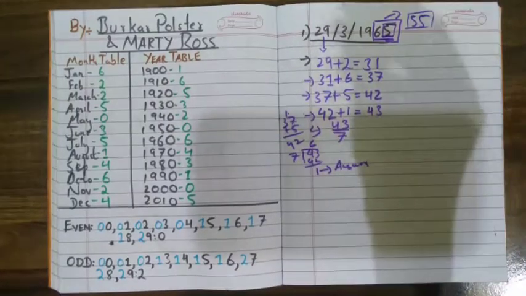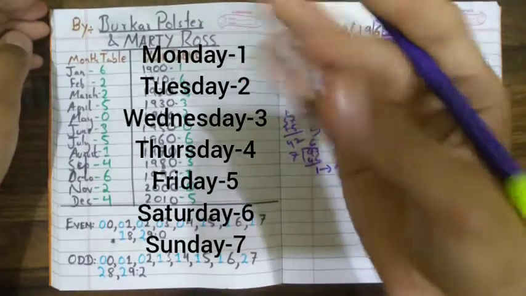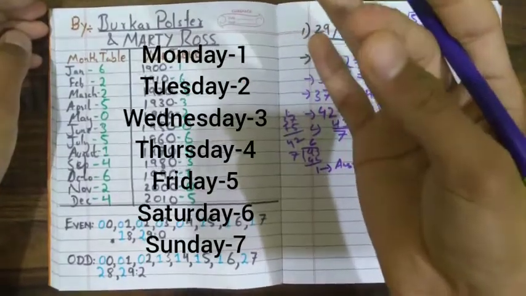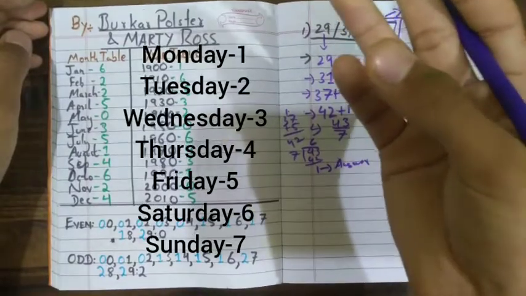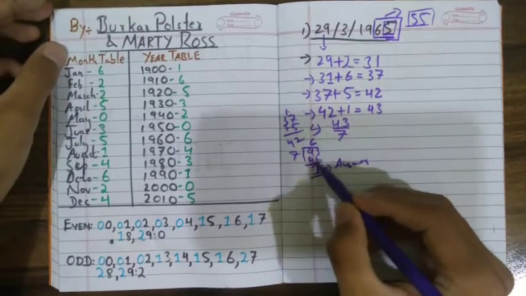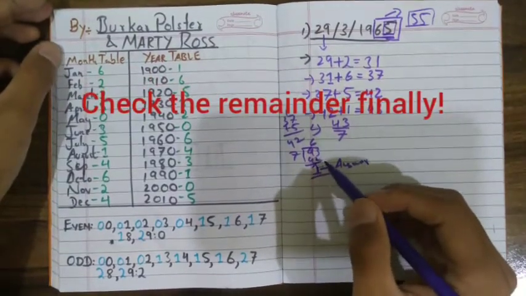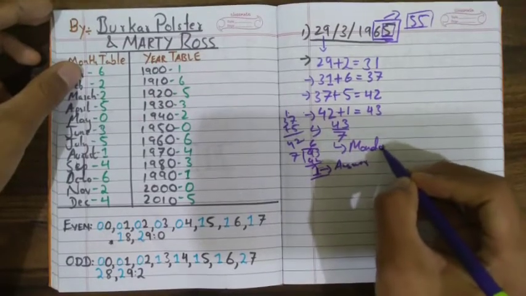Now take a count. For example, start from Monday. Monday 1, Tuesday 2, Wednesday 3, Thursday 4, Friday 5, Saturday 6, and Sunday 7. And here you should look at the remainder. The remainder is 1, so it corresponds to Monday. So the day of the birth is Monday.